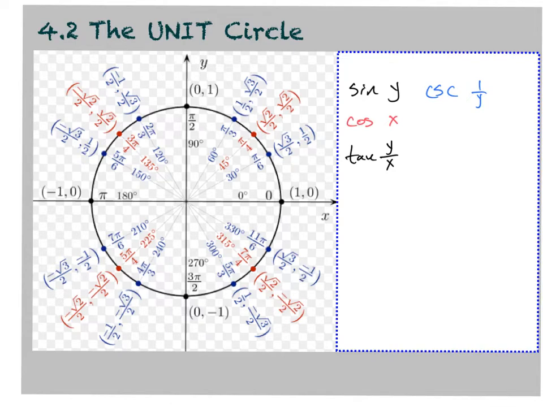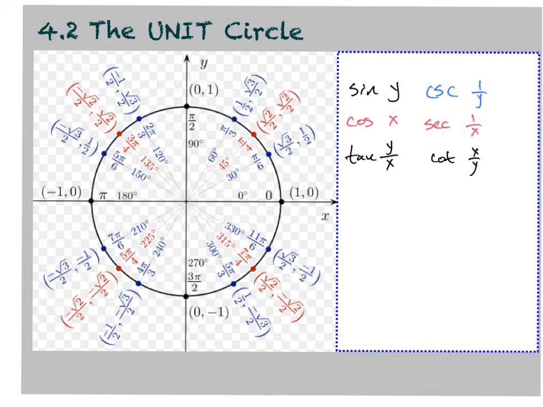Cosine's buddy is who? Secant. And the way that I want you to think about it is it's the reciprocal of cosine. And then tangent's buddy, do you remember it? Cotangent. I don't want you to think of it as the reciprocal of tangent, even though it is. I want you to think of it as x over y.